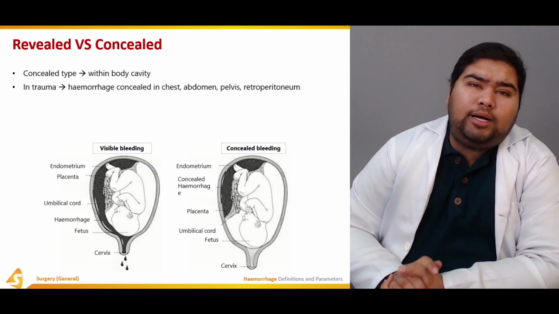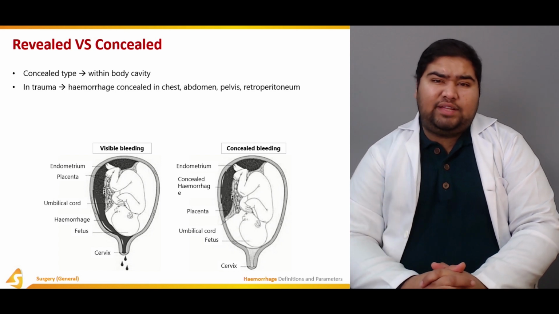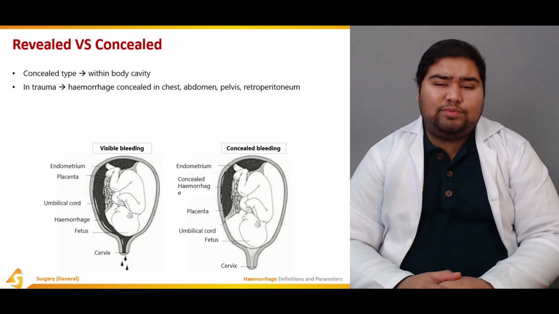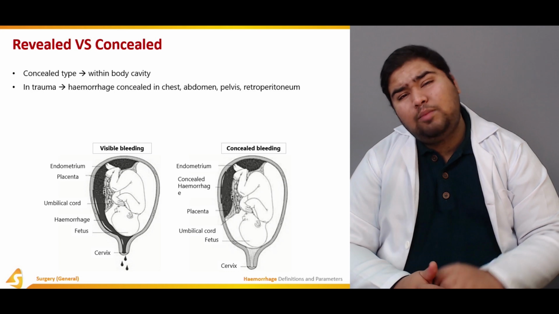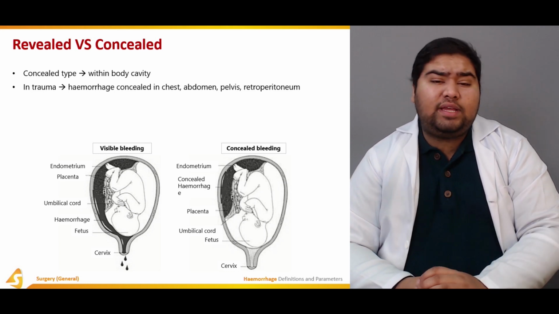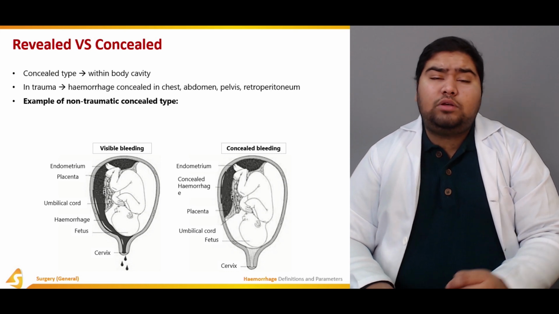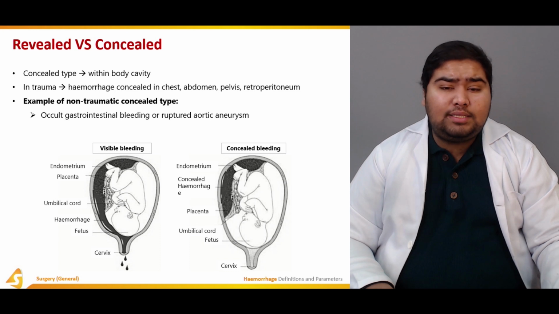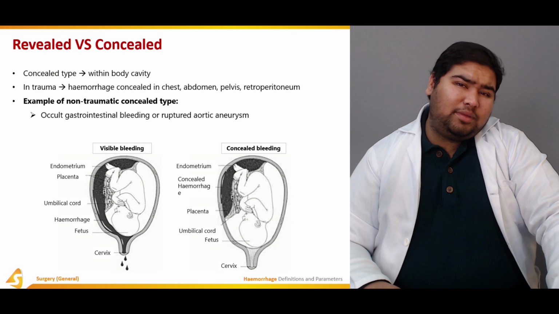Now in trauma, the hemorrhage can occur in various bodily cavities. These include the chest, the abdomen, the pelvis, the retroperitoneum. So practically in any of the cavities, concealed hemorrhage can occur. Examples of non-traumatic concealed hemorrhage are occult gastrointestinal bleeding or a ruptured aortic aneurysm.